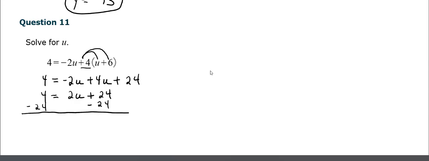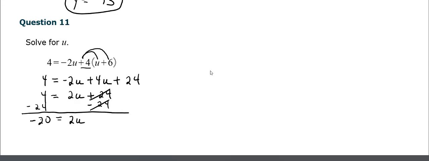So on the left hand side I have 4 minus 24, which is negative 20. On the right hand side I have 2u, and of course the 24s are eliminated.